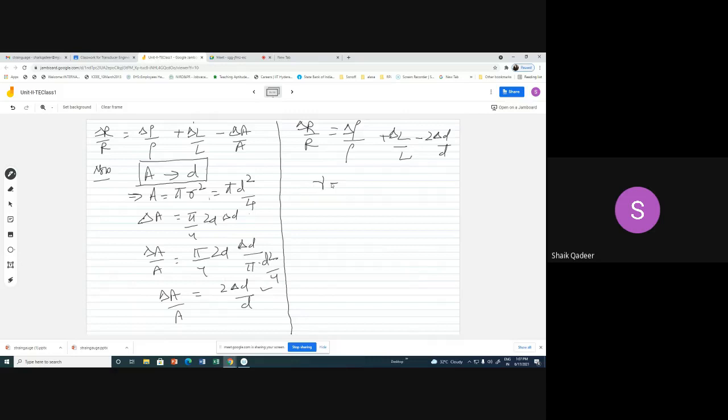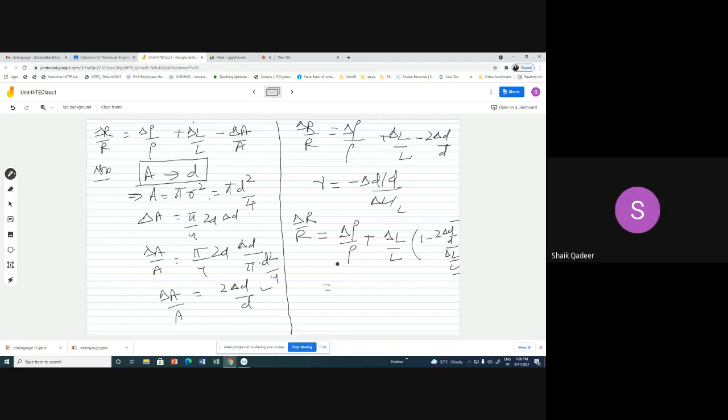We know that it is equal to delta D by D divided by delta L by L. So, what I am doing here is taking delta L by L common. Inside the bracket I can write 1 minus 2 delta D by D divided by delta L by L. Is it okay? Can I write like this?